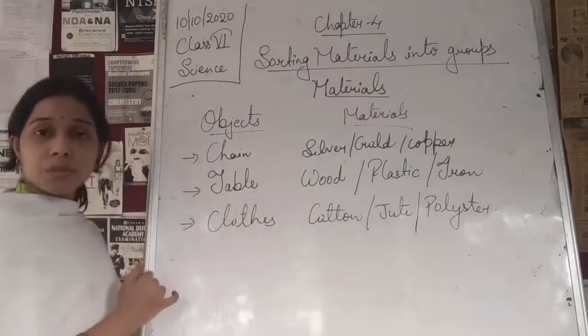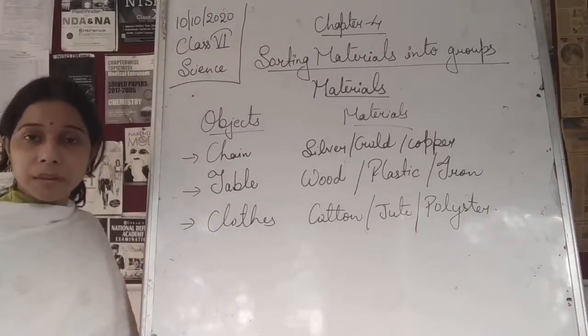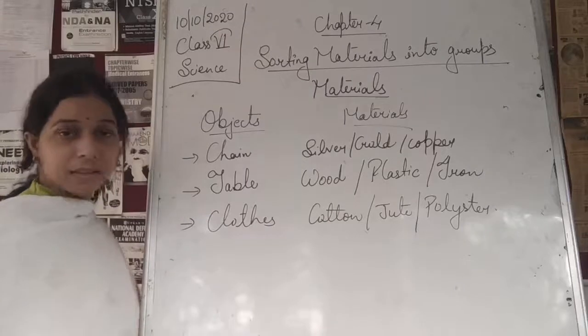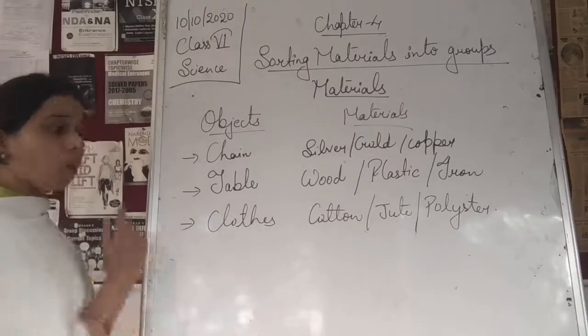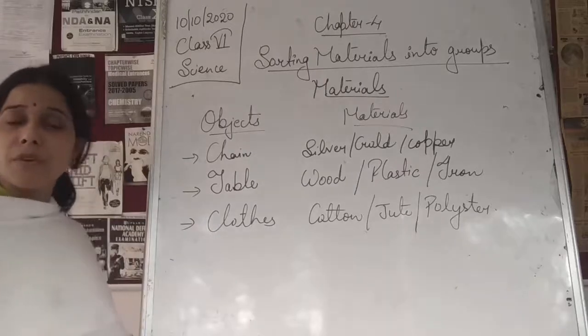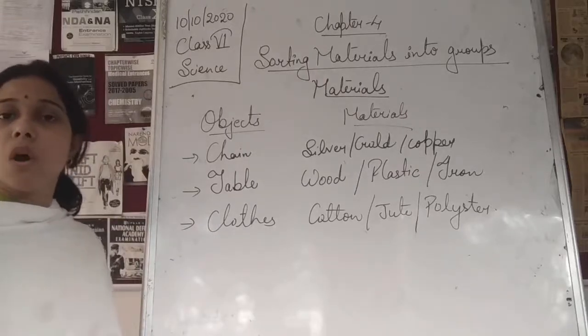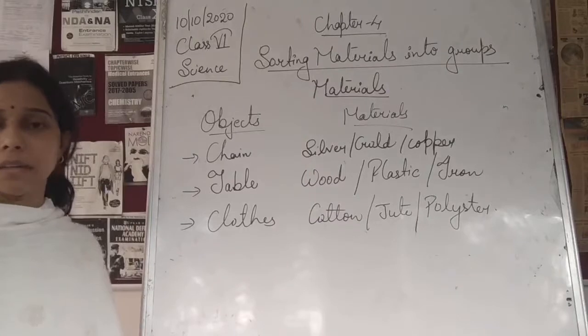Table is there, students. So table can be made up of wood, it can be made up of plastic, it can be made up of iron or any other kind of metal. Cloth is there. So cloth can be made up of cotton, can be made up of jute or nylon or rayon or anything.